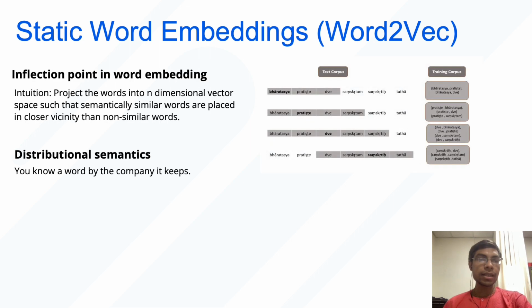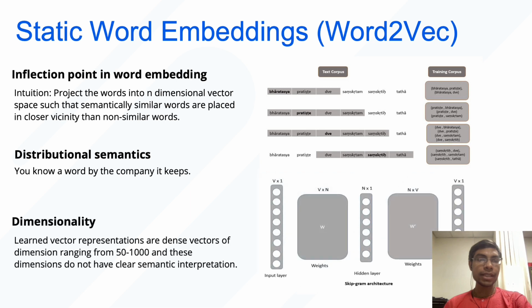Word2Vec basically uses distributional semantics. That means a word is known by the company it keeps, so it uses the sliding window approach, and it predicts the words which are in the near vicinity. Now you can see the architecture that Word2Vec is using.